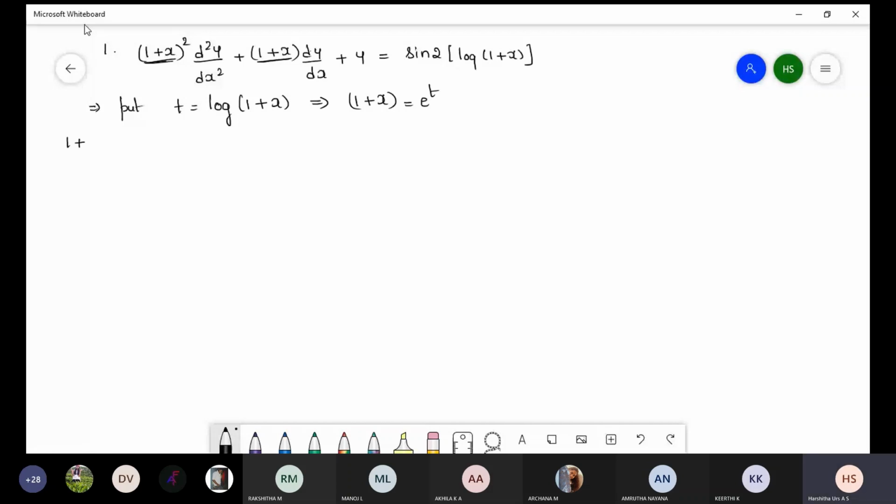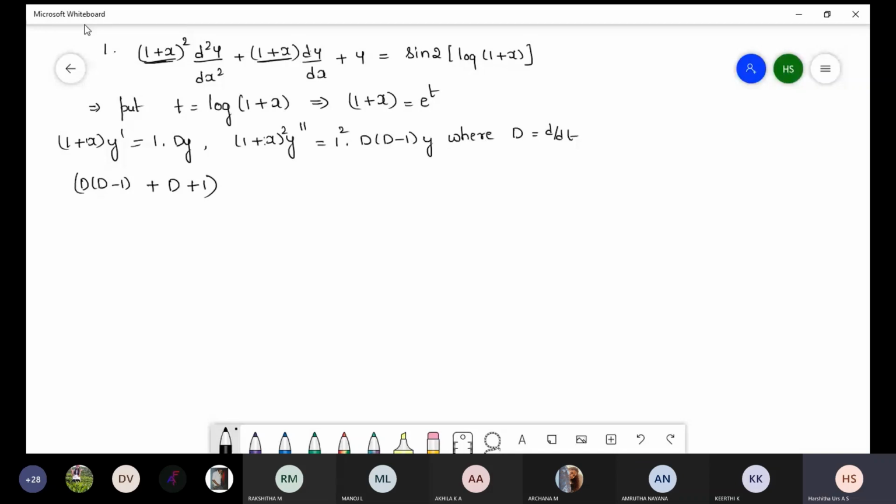Now (1 plus x) into y dash: here the coefficient of x is 1, so I will write 1 into D into y. Next (1 plus x) whole square into y double dash: here also the coefficient of x is 1, so I write 1 square D into (D minus 1) into y, where D is equal to d by dt. Substitute the same: D into (D minus 1) plus D plus 1, whole into y is equal to sine 2 log of 1 plus x, which is sine 2t.